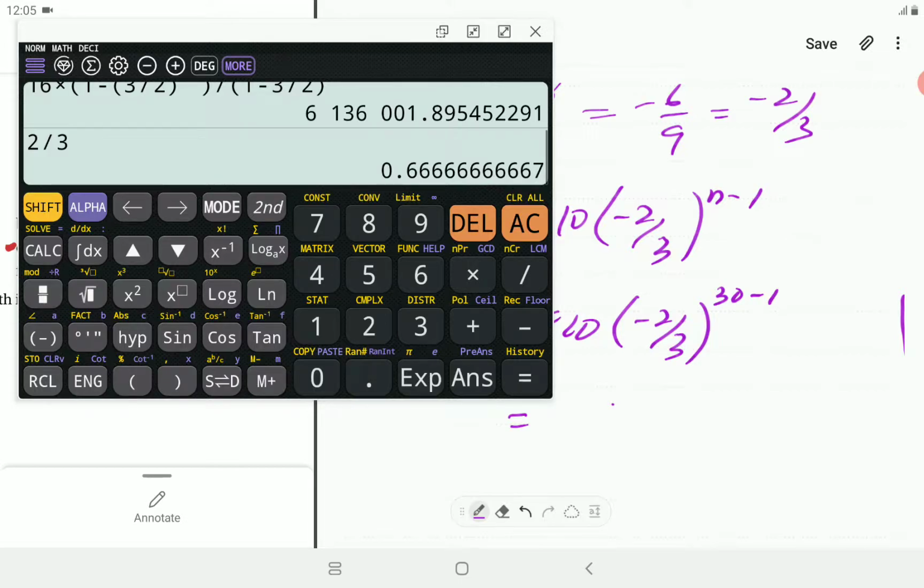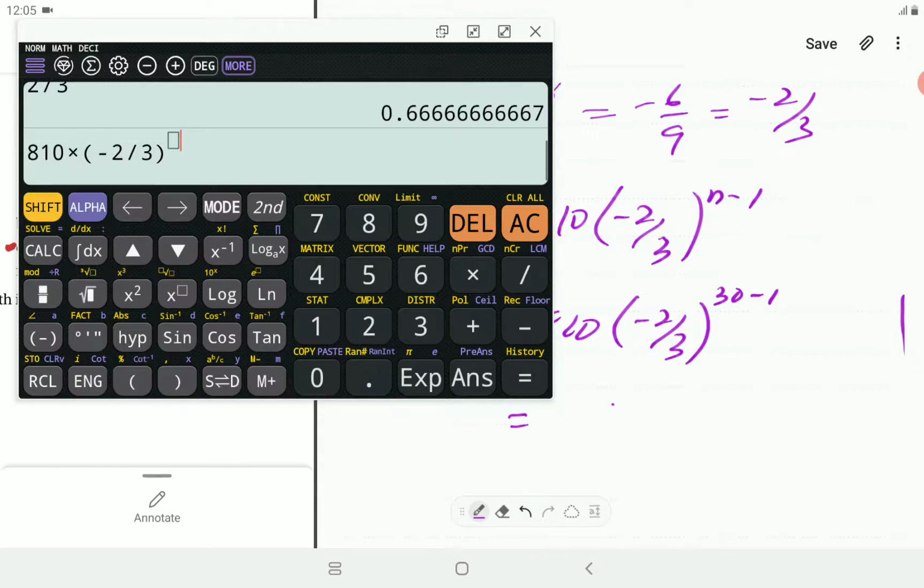So that's going to be 810 times open brackets negative 2/3, and then this is raised to the power 29.